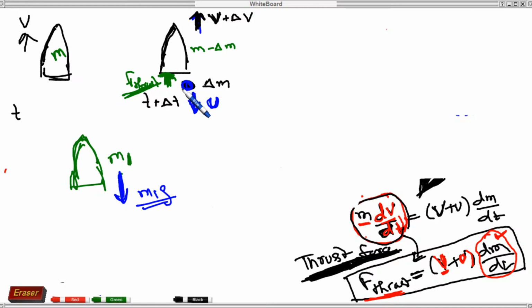As the rocket keeps on releasing something, let's consider at time t1, any point of time, it might be experiencing a thrust force in the upward direction, F thrust.